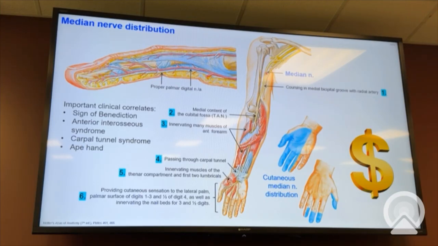So remember the median nerve is going to be coursing in the bicipital groove, coming down, entering the cubital fossa. This should be the brachial artery.